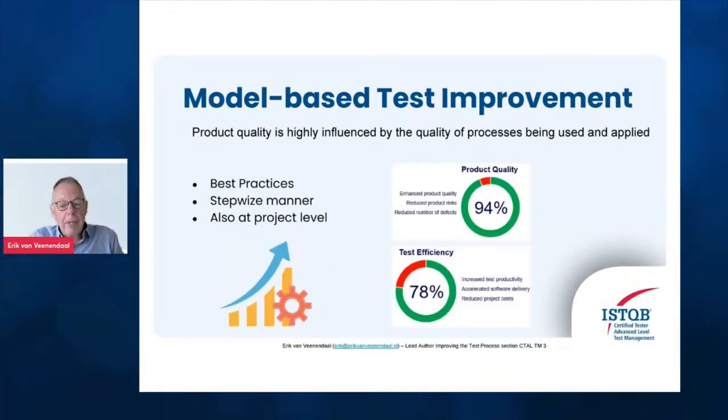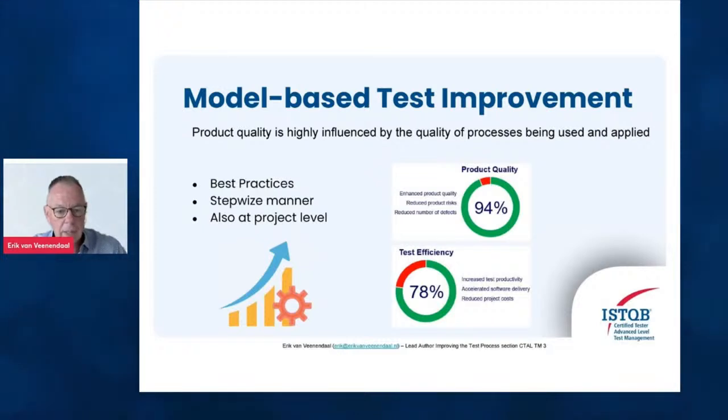Of course, in model-based improvement, the assumption is that product quality is highly influenced by the quality of processes being used and applied. Typically, these models are built on best practices, best testing practices from around the globe. And using that, you can get a stepwise manner to become more mature as an organization or as a project.